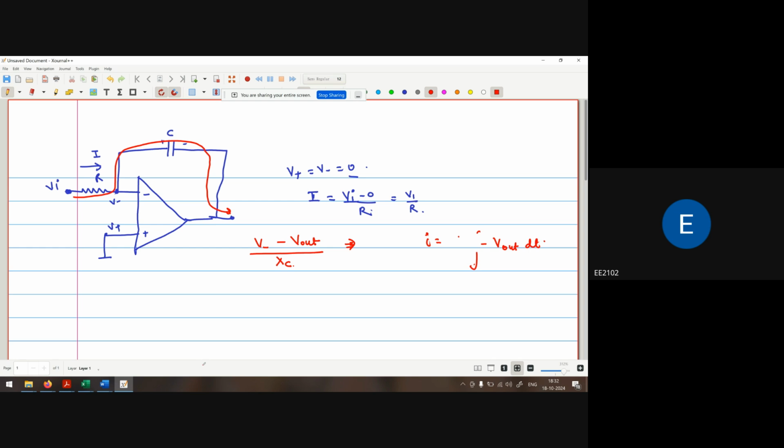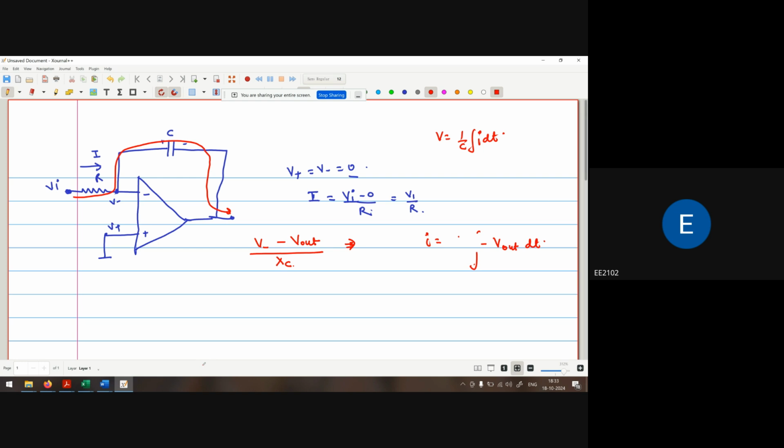Yes: I equals C dV by dt, so V is equal to 1 by C integration of I dt.